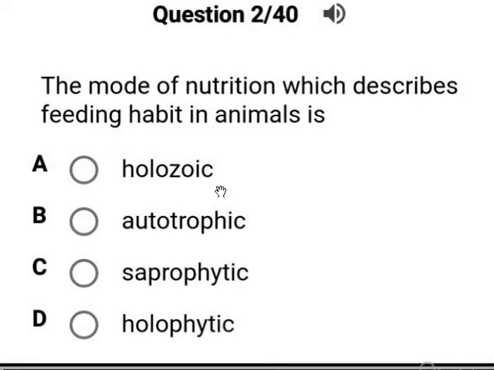Why? Because Holozoic nutrition is a type of nutrition in which food is obtained as a solid organic material, eaten, digested, and absorbed into the body. And also, Holozoic is a feeding habit in animals. So the best option is option A. Let's move to the next question.